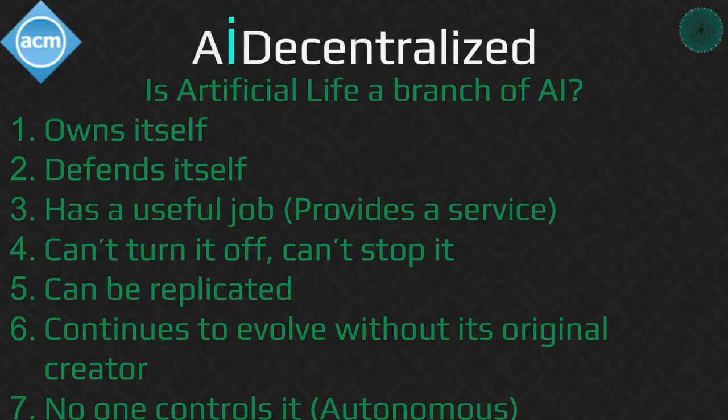If we were to look at all of the elements combined, it actually has a useful job. It's providing a service that could replace millions and millions of bankers across the globe. It's replacing actual work that is mundane.